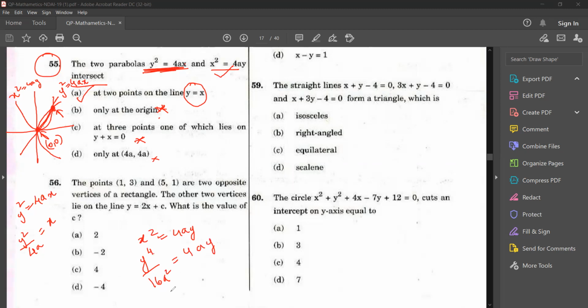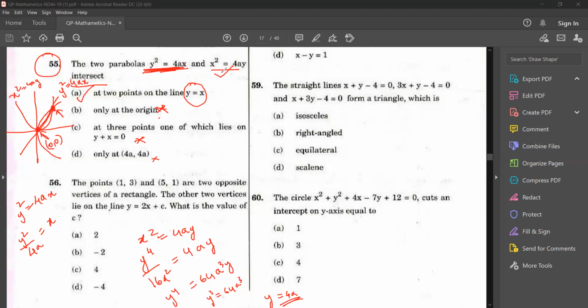So you get 64 a cube equal to y raised to 4 by y, so y cube is equal to 64 a cube. That means y is equal to 4a.